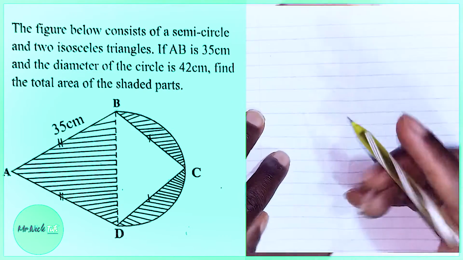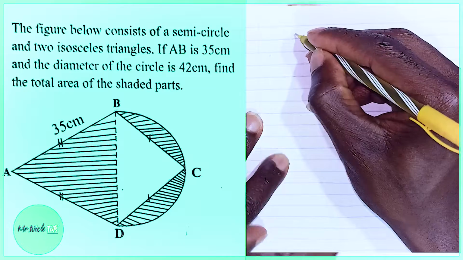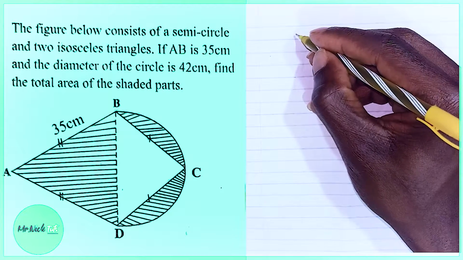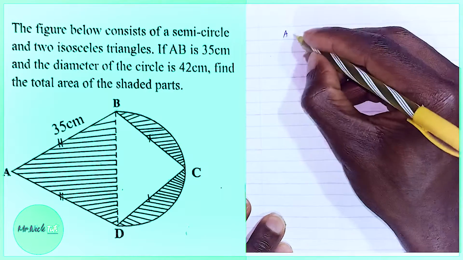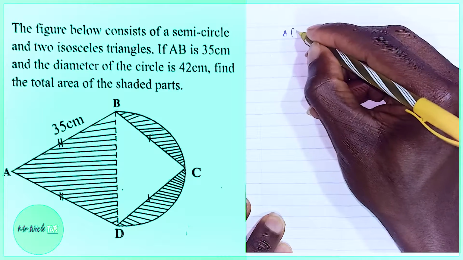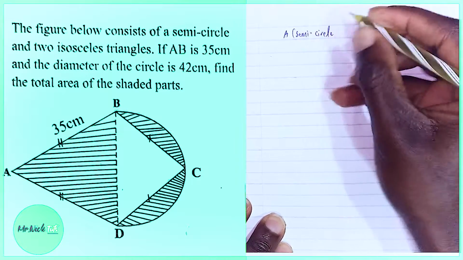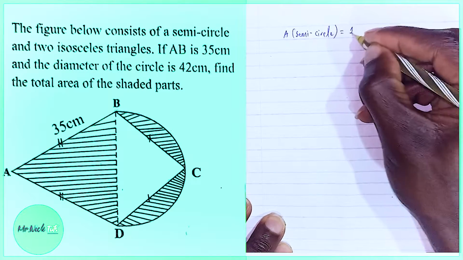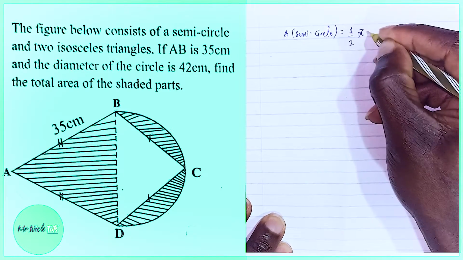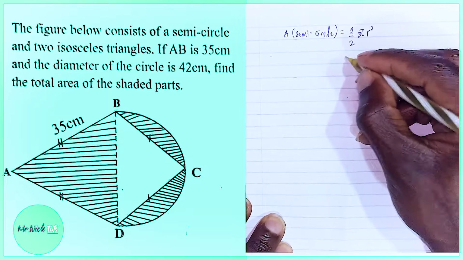So basically, the area of a semicircle is given by a half pi r squared.